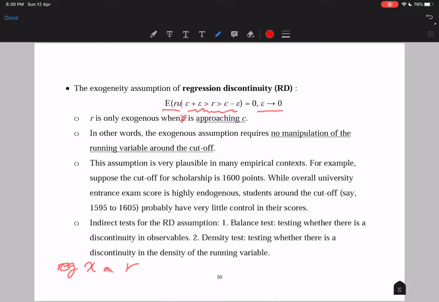Hopefully you see no discontinuity around the cutoff. Student characteristics like gender, age, major, or high school GPA should be smoothly distributed around the cutoff, so there's no jump or discontinuity around the cutoff.